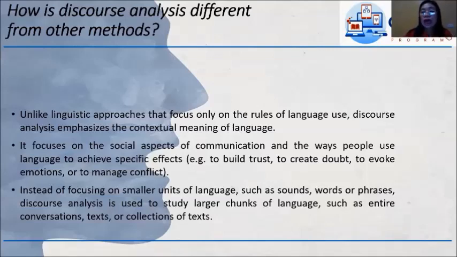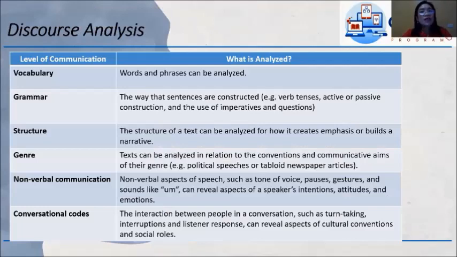For example, building trust, to create doubt, to evoke emotions, or to manage conflict. Okay? So instead of focusing on smaller units of language such as sounds, words, or phrases, discourse analysis is used to study larger chunks of language, such as entire conversations, texts, or collections of texts.